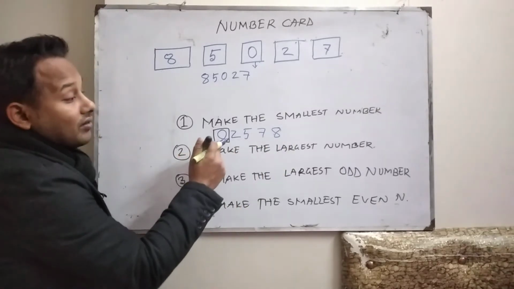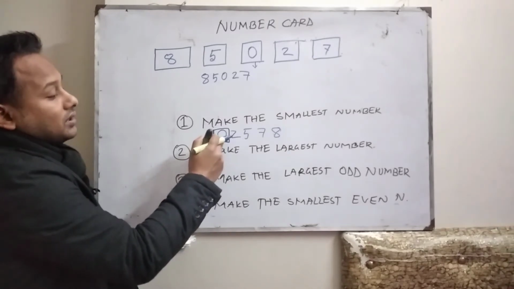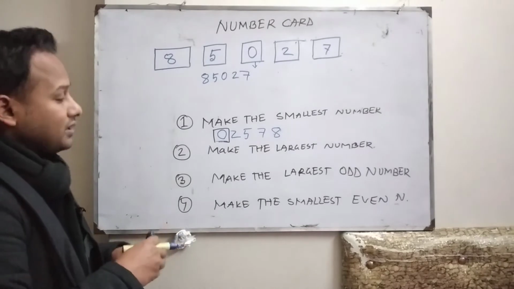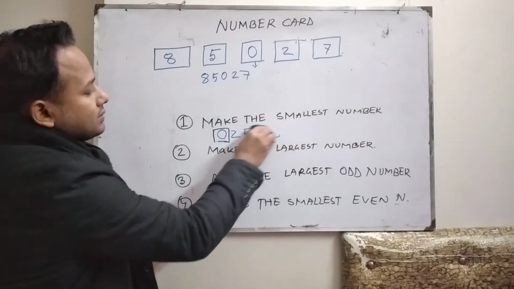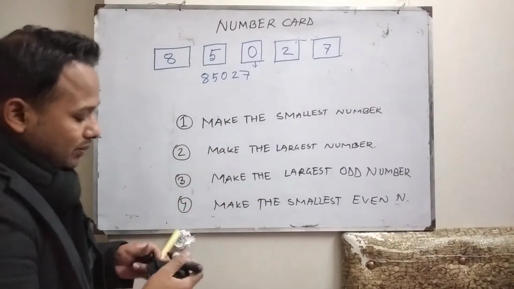But this is a 5-digit number. Okay, you cannot put the 0 in the very left. So what you do, you just do this way, the smallest number we are making.